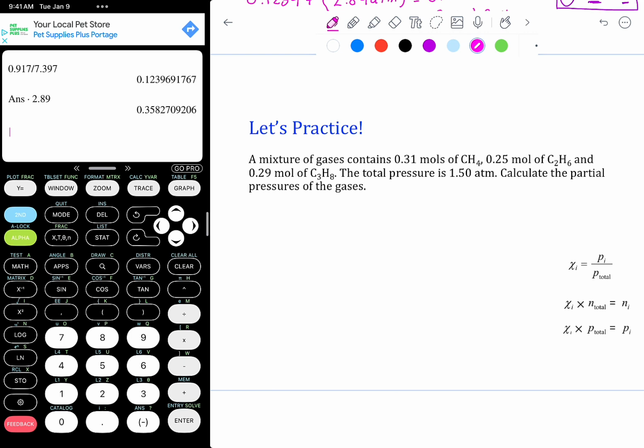The first step that you're going to want to do is find your total moles. So N total is going to be equal to 0.31 plus 0.25 plus 0.29.